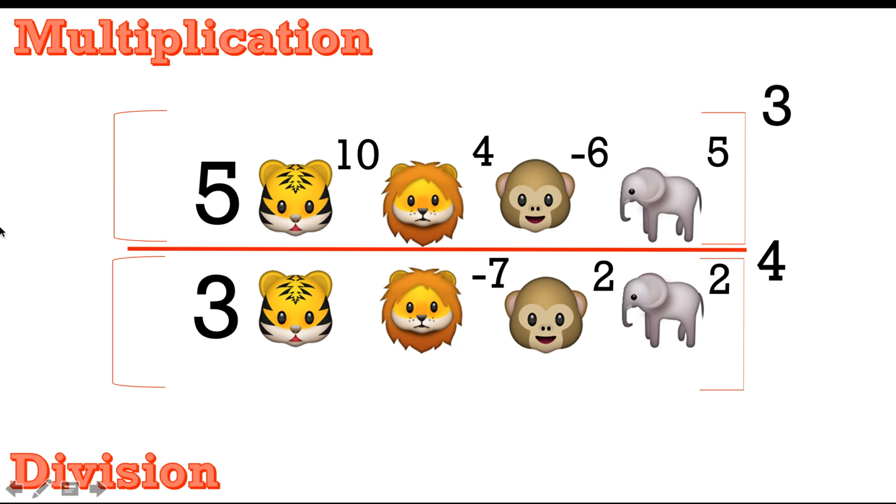That means we can't simplify inside this cage because it's actually not one cage. It's a cage on the top, and we have 3 of those, and then there's another cage on the bottom, and we have 4 of those. Since these animals are not all yet in one cage, we have to apply the outside exponents first.